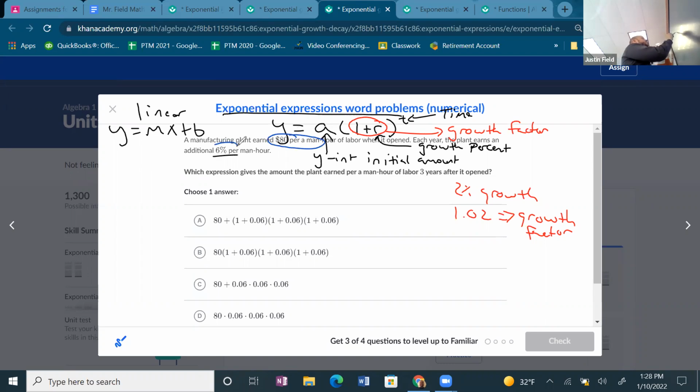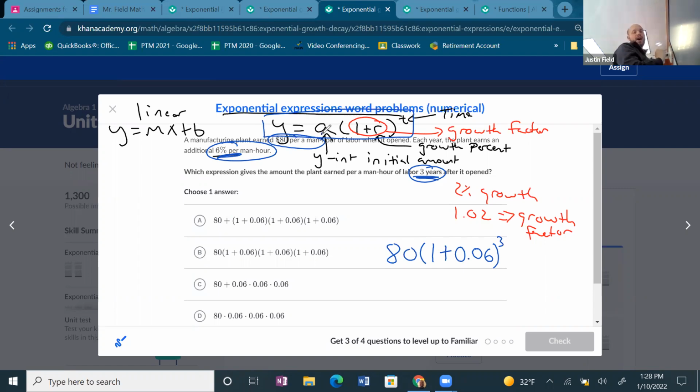Okay, so in this one, we have $80, 6% additional manpower, 3 years. So that's going to look like this. 80 is our y-intercept. 1 plus 0.06 for the 6%. And then the time is 3 years, so there's going to be an exponent of 3. So again, following that equation right here, we put the y-intercept in for a, the number in front of parentheses.